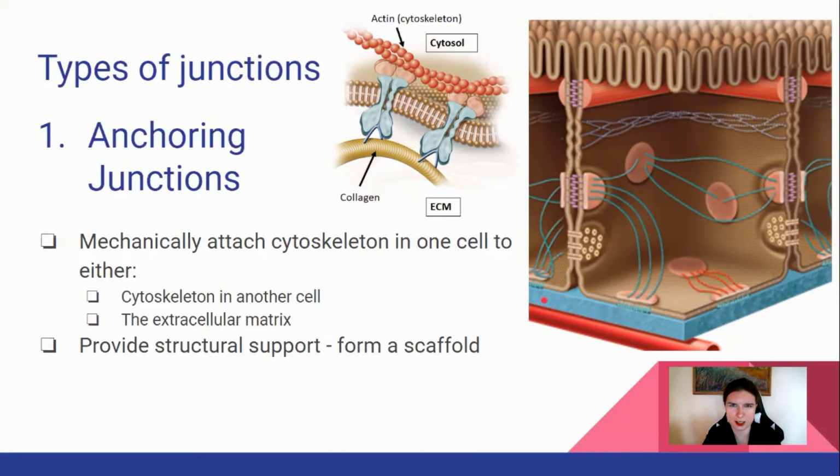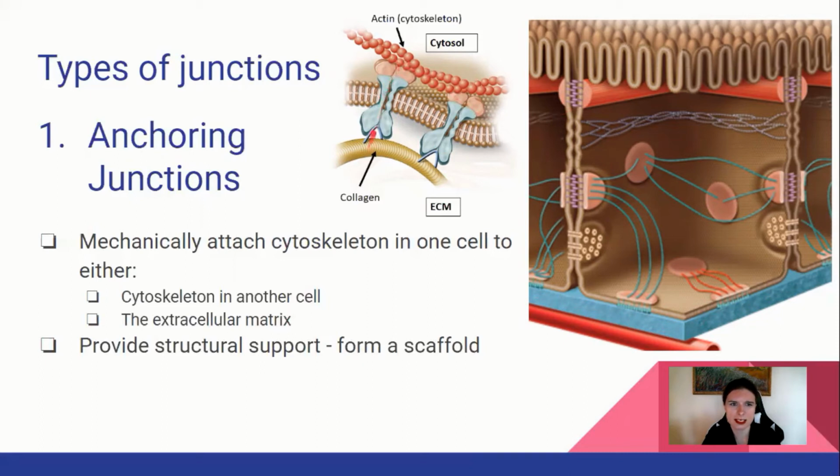So our extracellular matrix here in this image is represented by this blue-green beige layer. So they haven't drawn the protein fibers in, but we could if we zoomed in. So here we see red fibers, so like these ones, on one side of our anchoring junction.